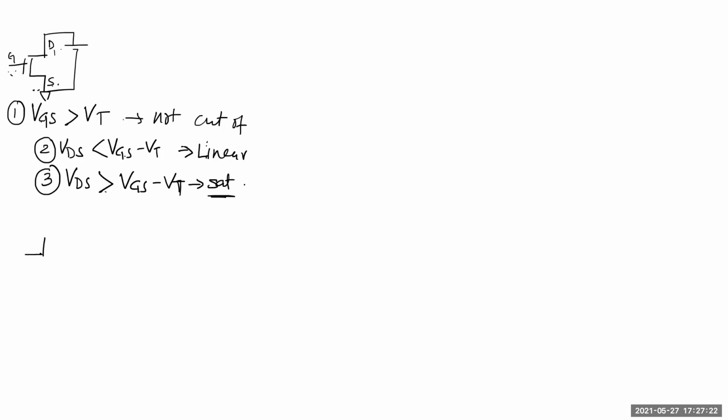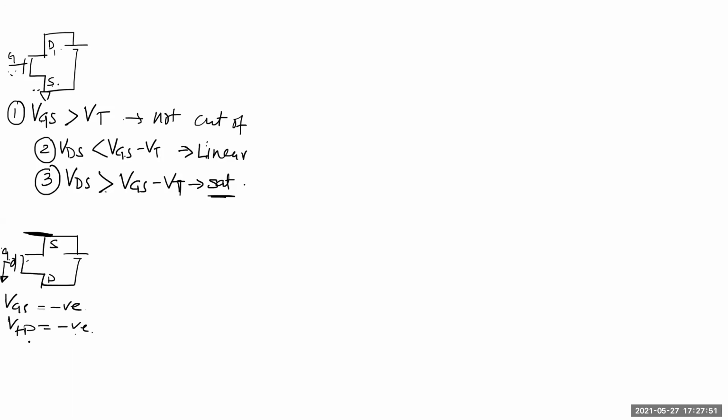For PMOS, the higher potential node is the source, and this is the drain. This is the gate. That means VGS is always negative, right? And VTP is also a negative number. So in order to turn on this channel, I want the gate to be lower than the source side by a certain amount, which is your VTP number, right?